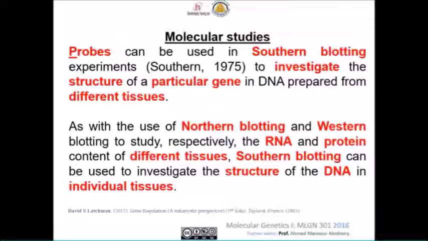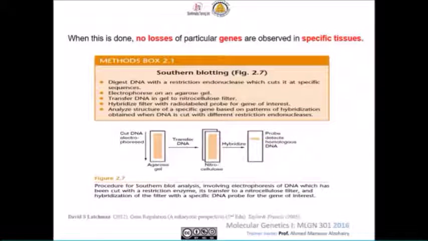Now we'll see that these molecular techniques, which we'll talk about later in terms of the differences between them, are used to prove that there is no loss of genes in specific tissue. In Southern blotting, what we do is digest the DNA with restriction endonucleases, which cut it into specific sequences, and then we run electrophoresis on agarose gel.